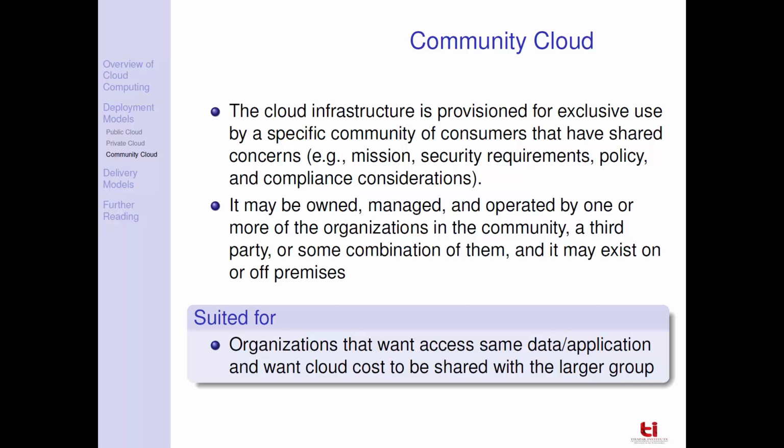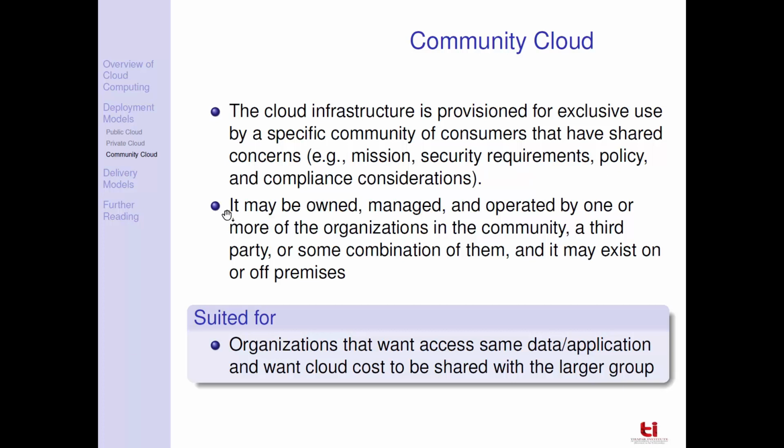And what is it bound by? These users are bound by a common mission, which is NCC, or maybe we can say a common organization, which is NCC. Or it can be used by users which have similar kinds of security requirements, or maybe a policy, right?